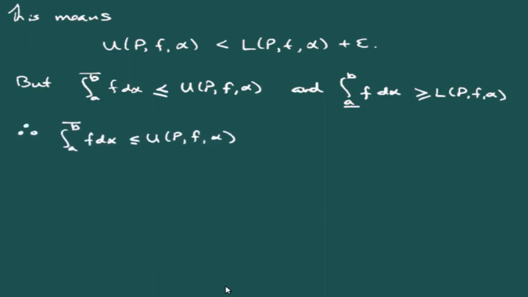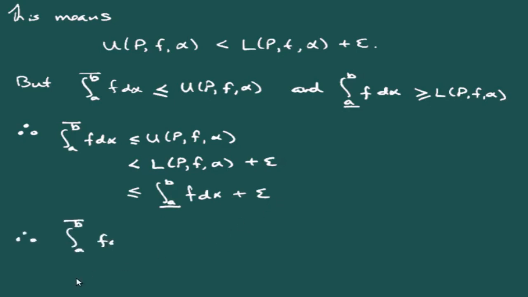And so we just have this chain of inequalities that our upper Riemann Stieltjes integral is less than our upper sum, which is less than our lower sum plus the epsilon, which is less than or equal to our lower Riemann Stieltjes integral plus our epsilon. So that gives us this chain which holds.